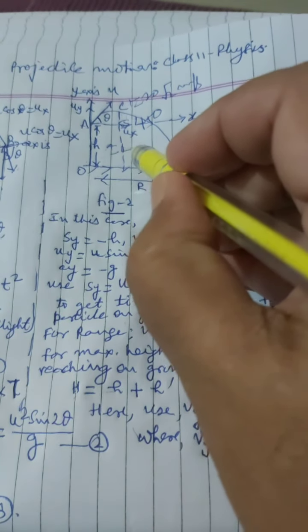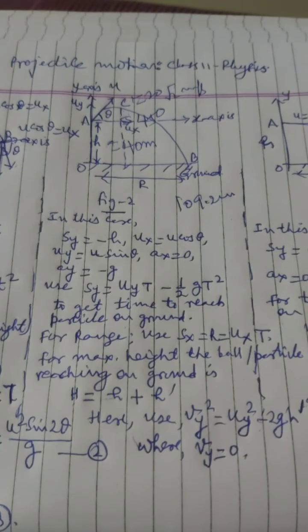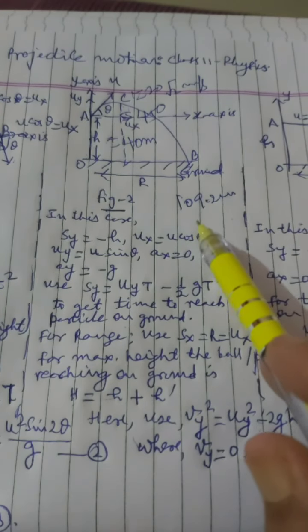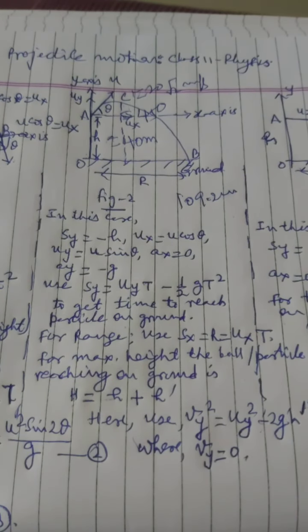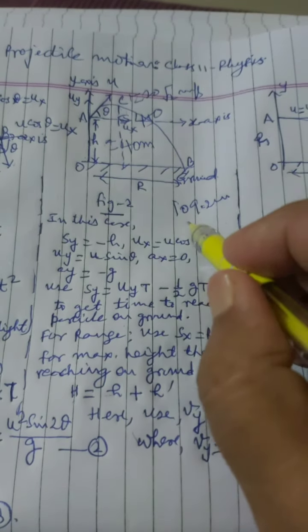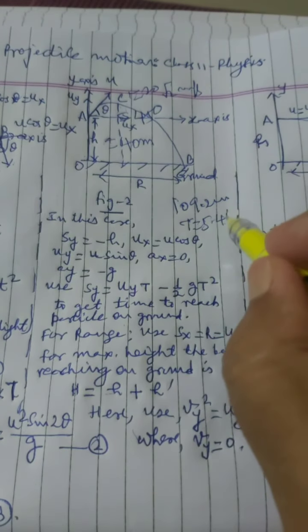So you will get the range OB is equal to 109.2 meter, check it, and the time of flight capital T is equal to 5.46 second.